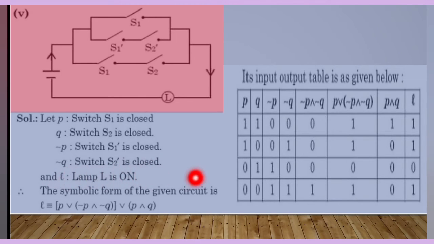The symbolic form of the given circuit is P or, in bracket, negation P and negation Q, or in bracket P and Q. See here, P or in bracket negation P and negation Q, or P and Q. Here, where switches are only in parallel we write OR, and in series we write AND.